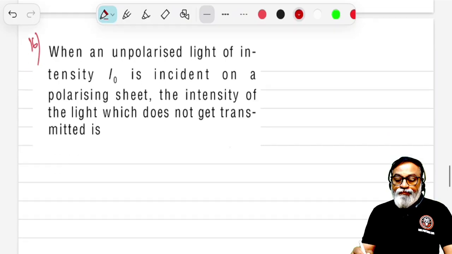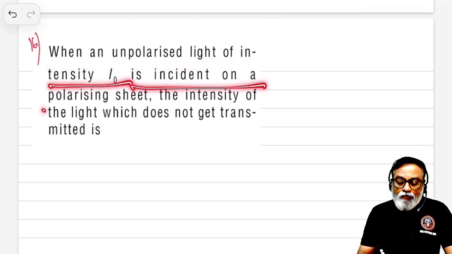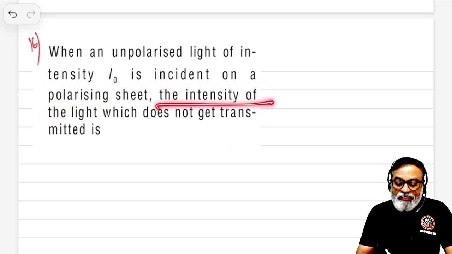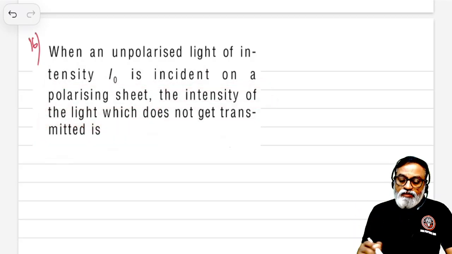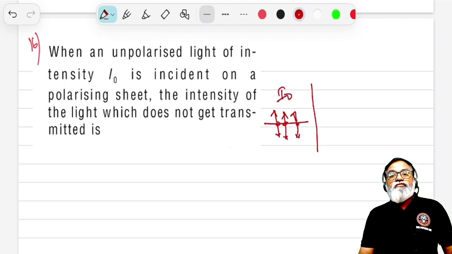Next. When an unpolarized light of intensity I0 is incident on a polarizing sheet, what is the intensity of the light which does not get transmitted? So here, this is the polarizer, and this is unpolarized light of intensity I0.